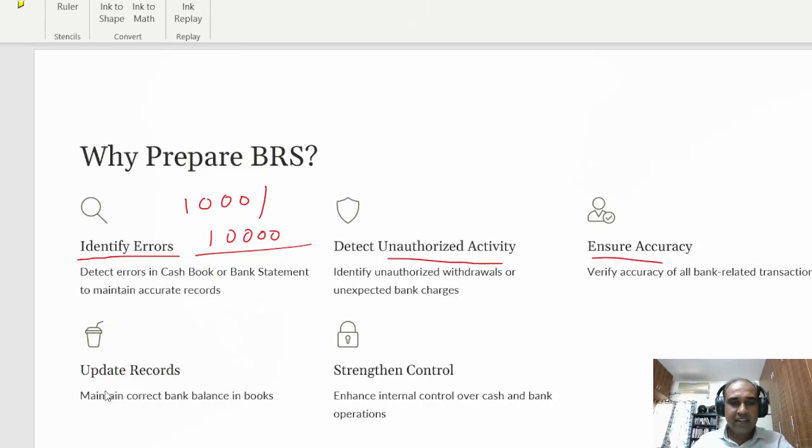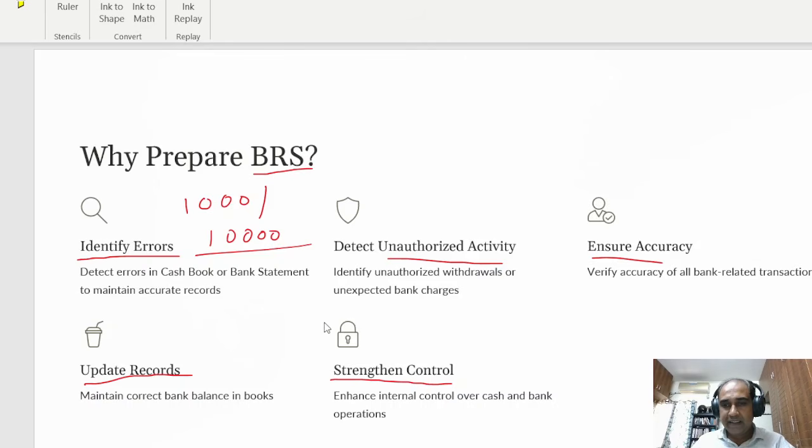It is also to update the records. See, some transactions are directly debited by the bank, like the bank charges. Until we get the bank statement, we are not in a position to record such transactions. So it is important to have a bank reconciliation statement done so that the records are updated and to strengthen control. From an audit point of view, the bank reconciliation statement is a very, very important statement.